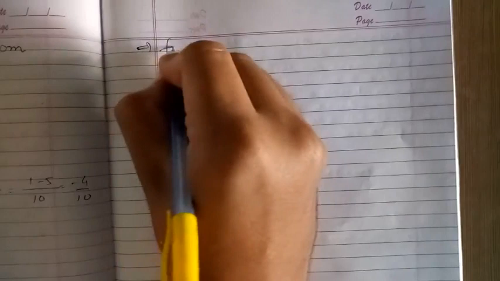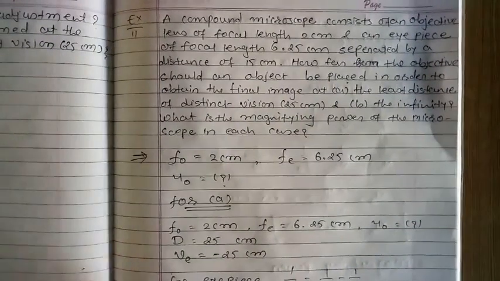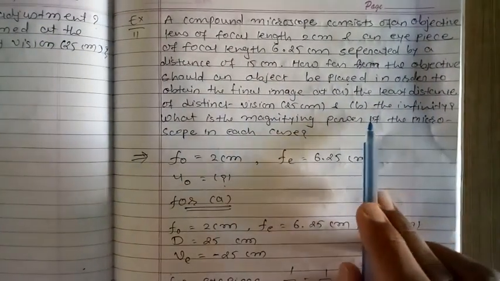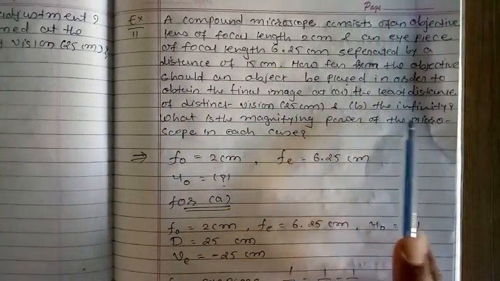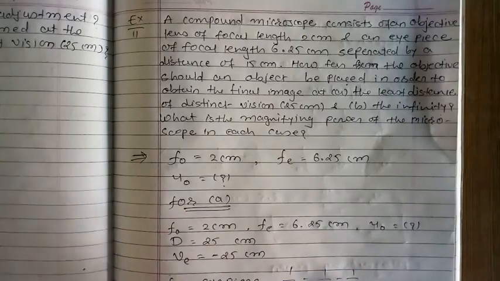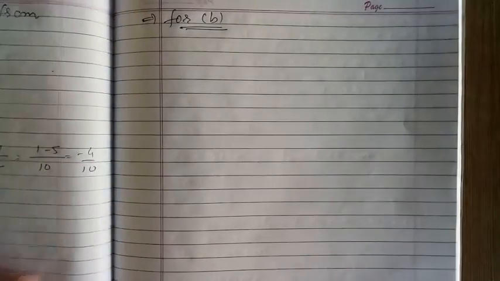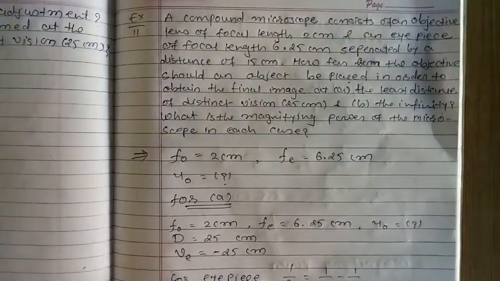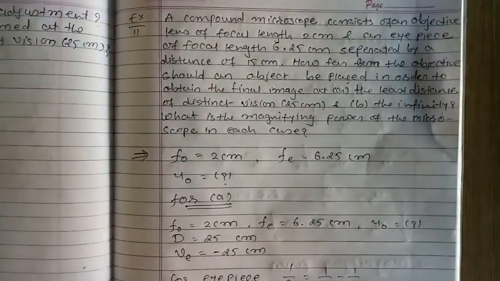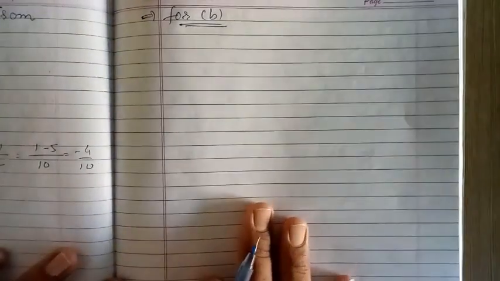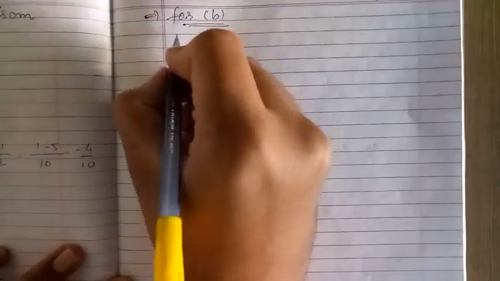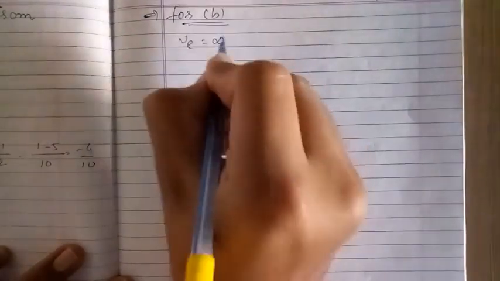Now we discuss part B. Now for B, we have to find out the object distance and the final image is at infinite distance. So we have to repeat the same process, but here in case 1 we took V as minus 25, while in case 2 we have to take V as infinite. Then we do the same process, right? So for B, VE is equal to infinite.